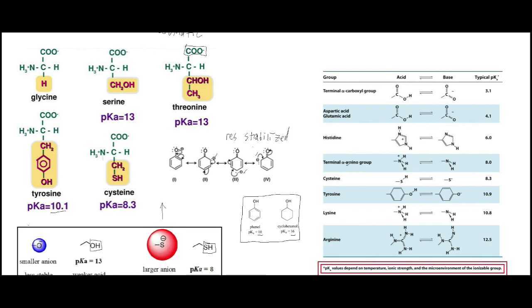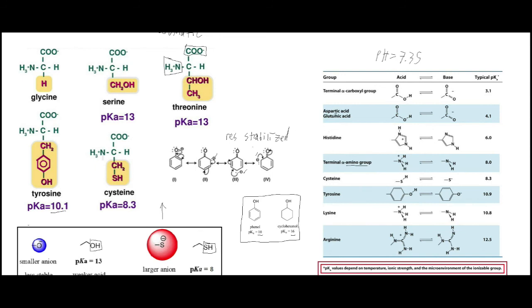The amino group, like this one here, is typically around 8.0. At physiological pH of 7.35, the amino group is most likely going to be in the protonated form, and since the carboxyl pKa is so low, it is most likely in the deprotonated form, so negatively charged and positively charged.